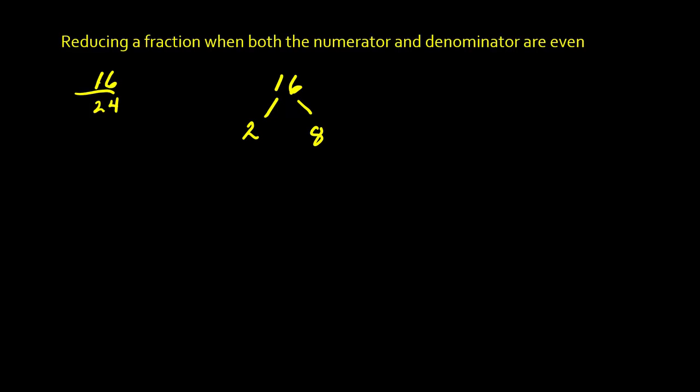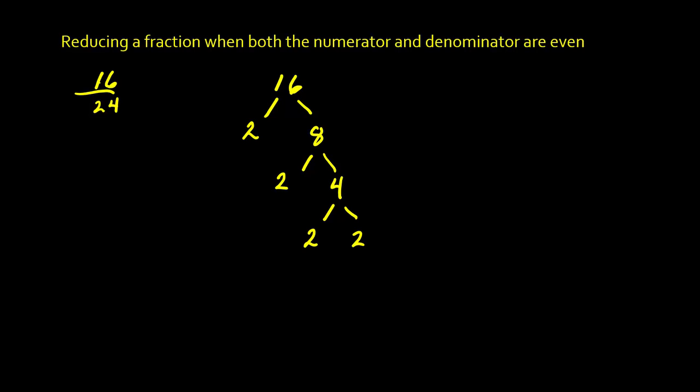I get 8. 8 is an even number, so I know that I can factor out a 2, and that would leave me a 4. 8 divided by 2 gives me 4. 4 is an even number. I can factor out 2, so 4 divided by 2 gives me 2.